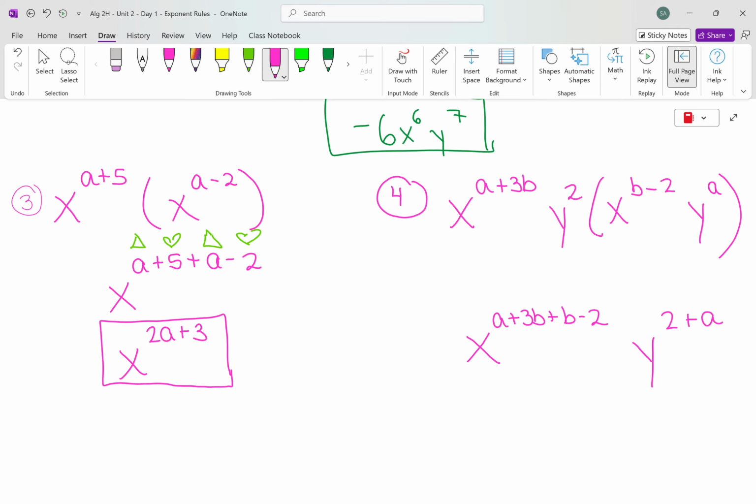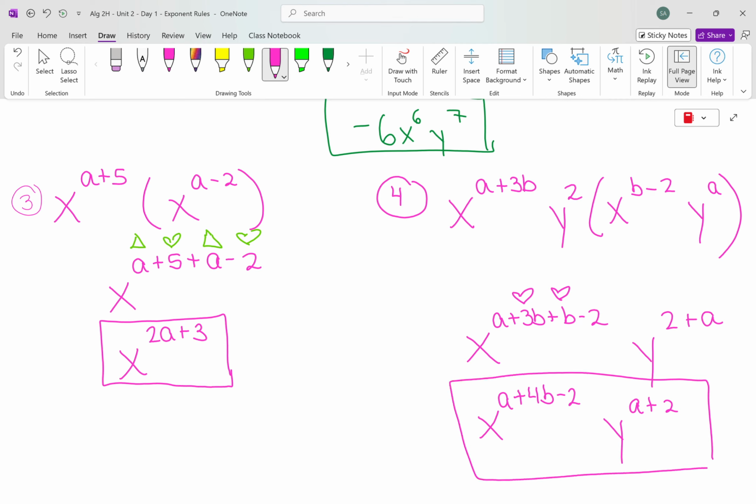No. You can only add the exponents that have the same base. So here we're going to have x, and then a, and then 3b plus b is a 4b, minus 2, that's as simplified as that exponent can get. And then the y, I always like to put the variables first, a plus 2. But if you wrote y raised to the 2 plus a, you're perfectly fine. Addition's commutative, it doesn't matter.